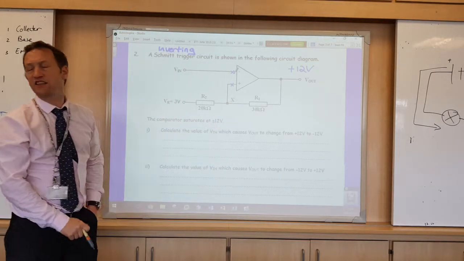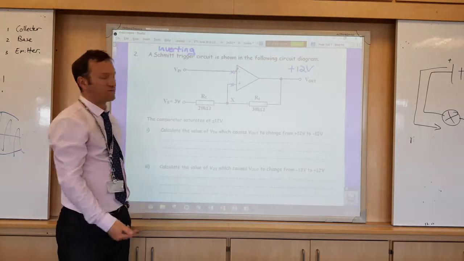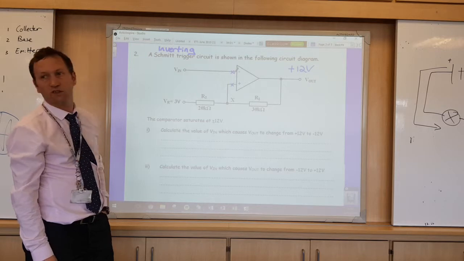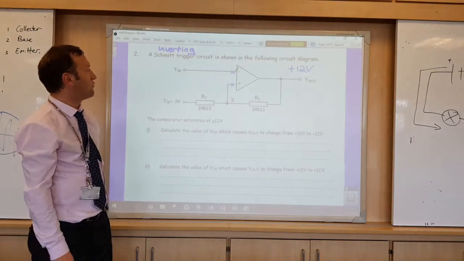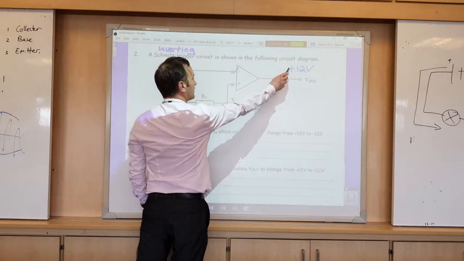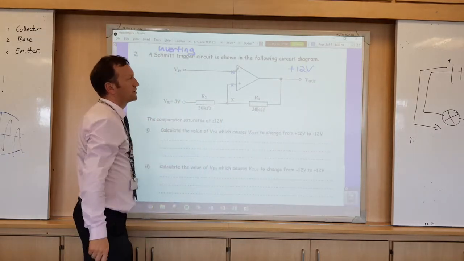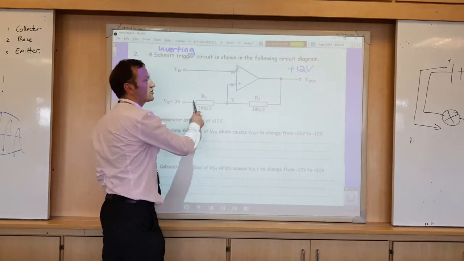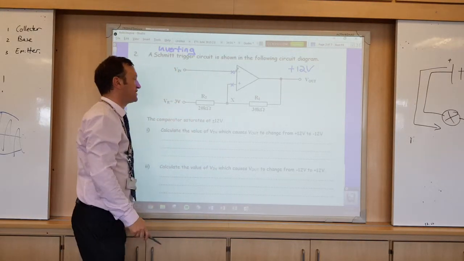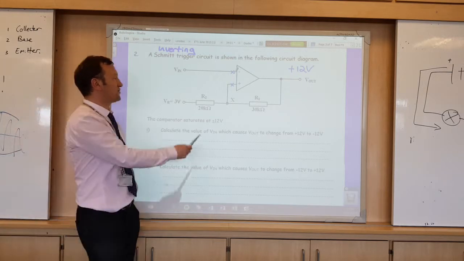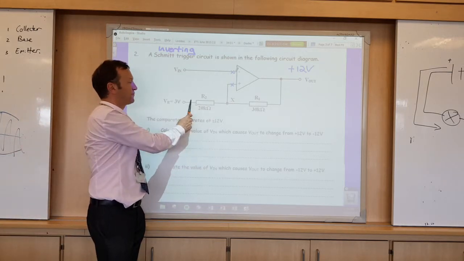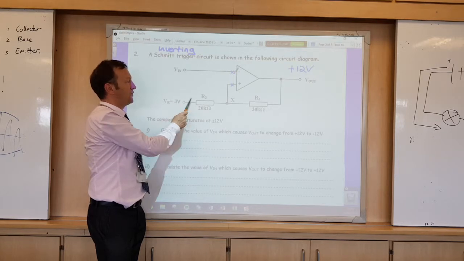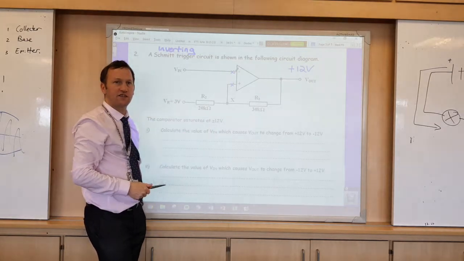Now, there's a number of ways you can do that. You can do it using the potential divider equation. But if you just use Ohm's law, you can keep it pretty simple. What we need to do is calculate the current flowing through these resistors. Once we've worked out the current, we can use Ohm's law to work out the voltage across one of the resistors, particularly this one, and then see what the voltage at X is going to be in relation to that.